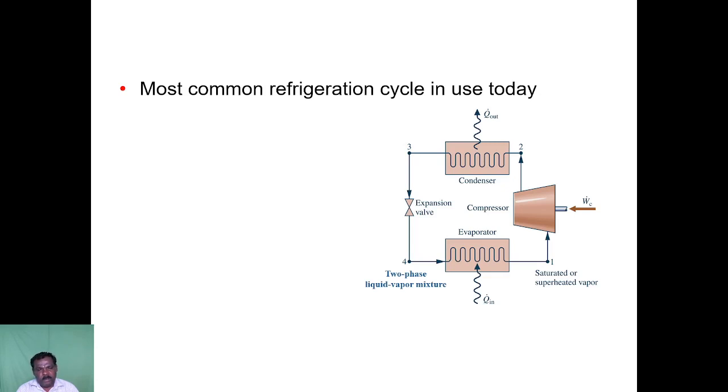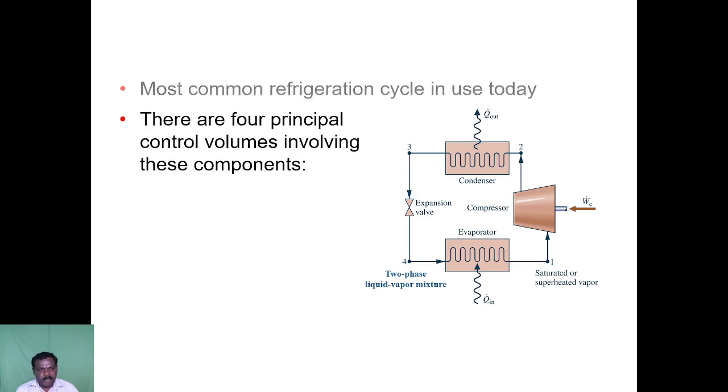In the vapor compression refrigeration cycle, or in your refrigerator, we have four main components: the condenser, compressor, evaporator, and expansion valve.